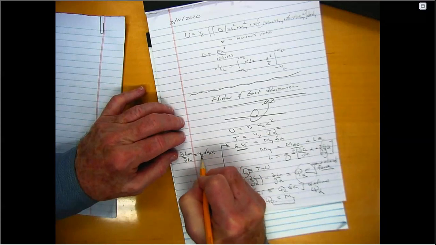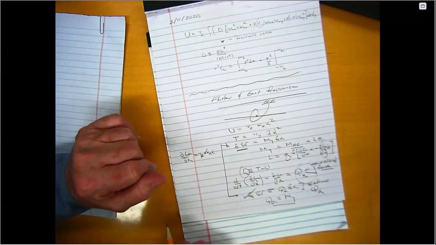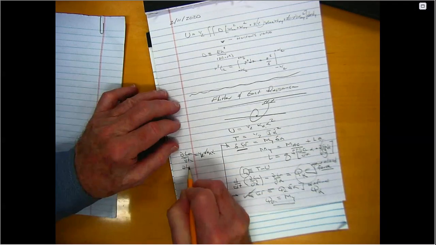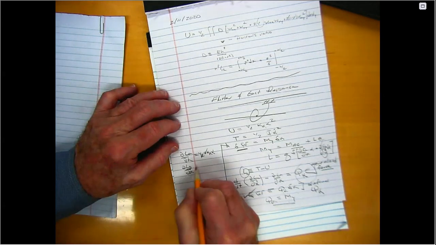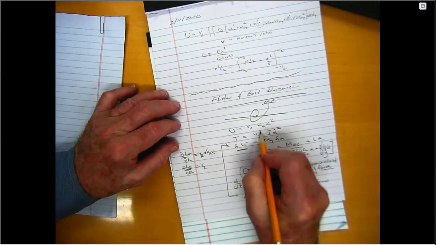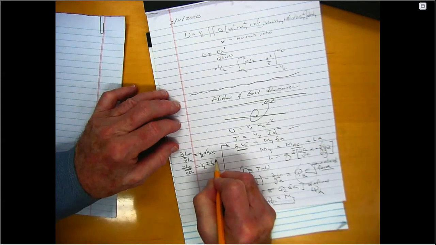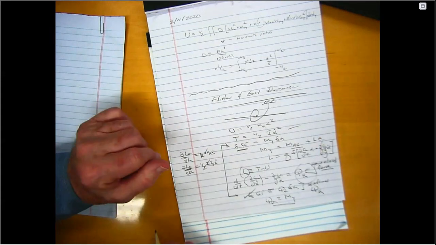So it comes out to be what you would expect. On the other hand, dL/d alpha dot is 1/2 times 2 I sub alpha times alpha dot, and all this turns out to be what you might expect.